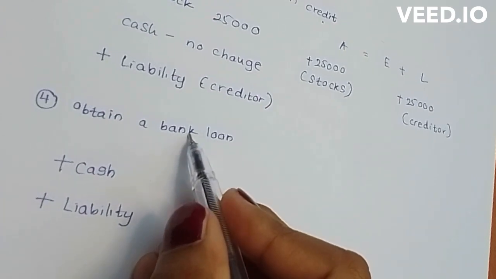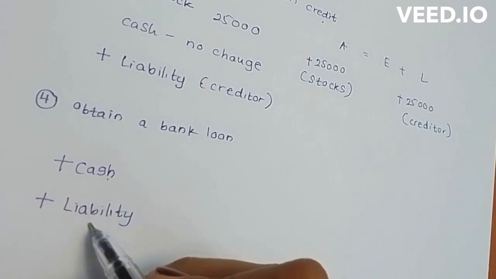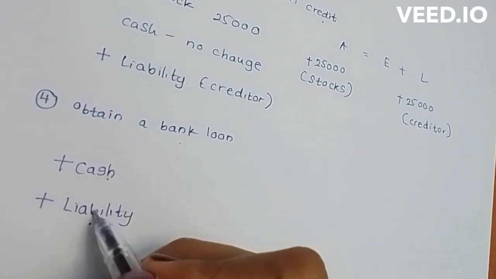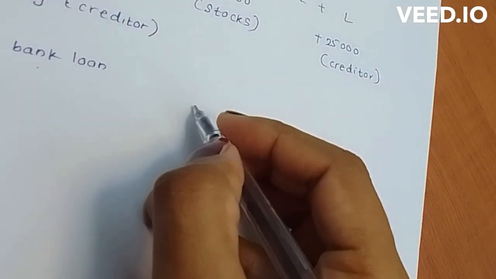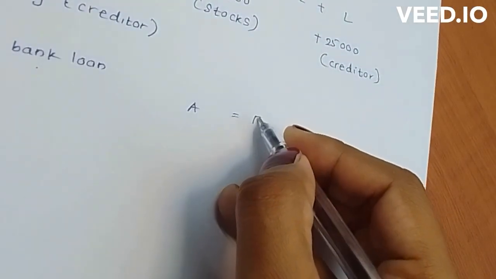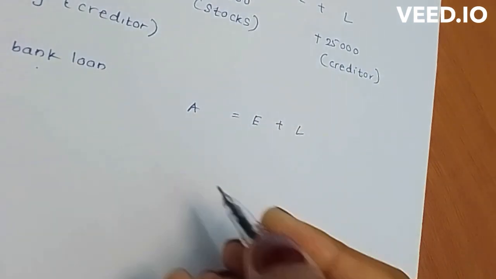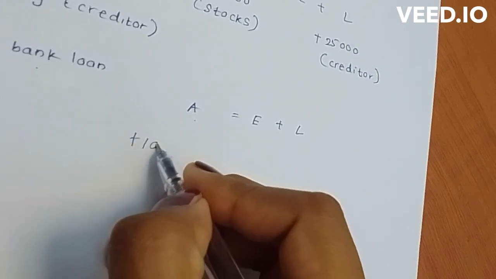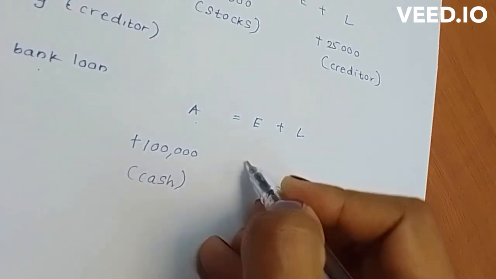When we come home from the bank, we are bringing cash to the business. And also our liability is getting increased because now we are obtaining a new bank loan. So both of them are increasing, cash and liability. So now we'll see how we can show it in the accounting equation. Assets, we are increasing cash, plus, write the amount 100,000 within brackets, cash.